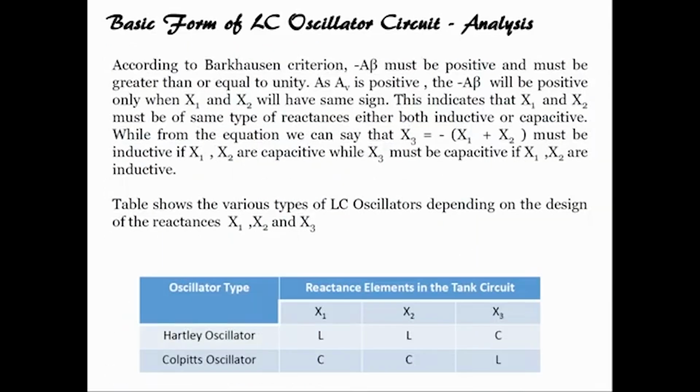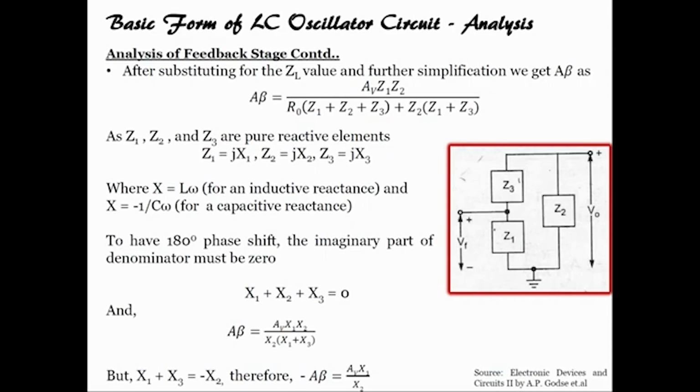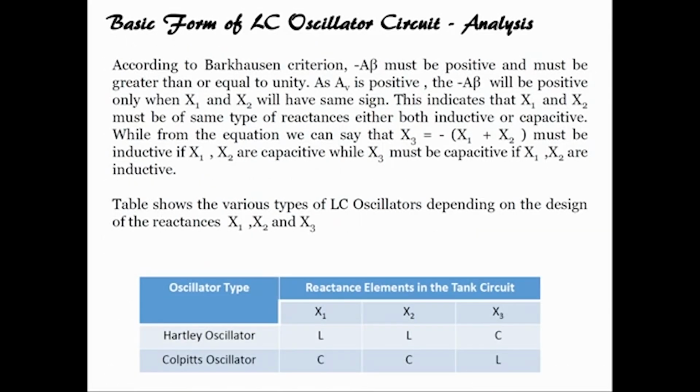we get A beta equals AV x1 by x2, and A beta must be positive.